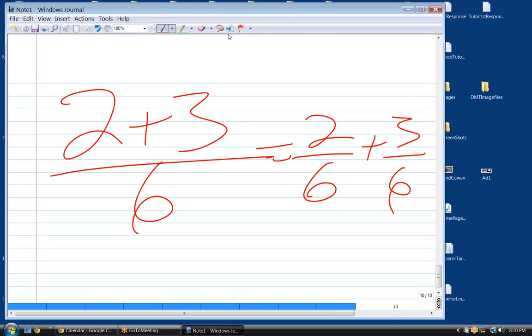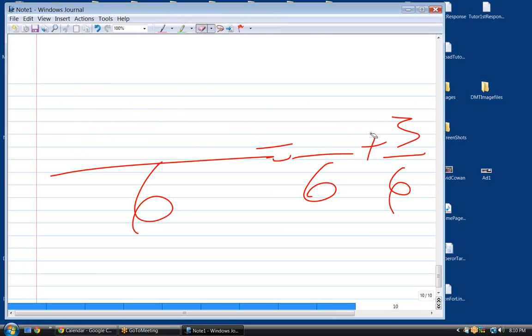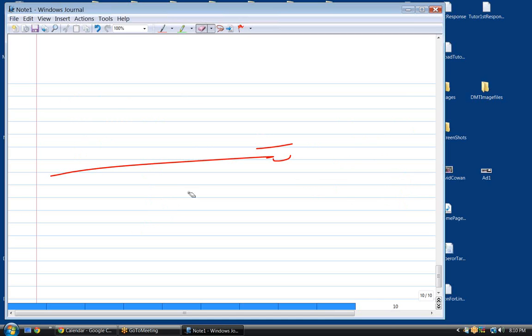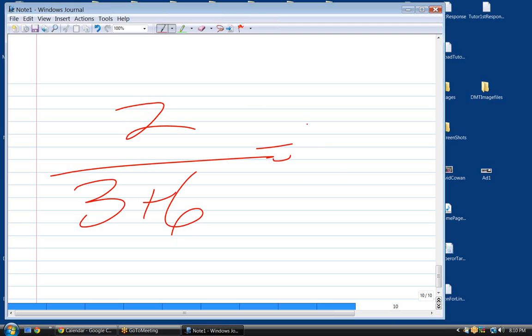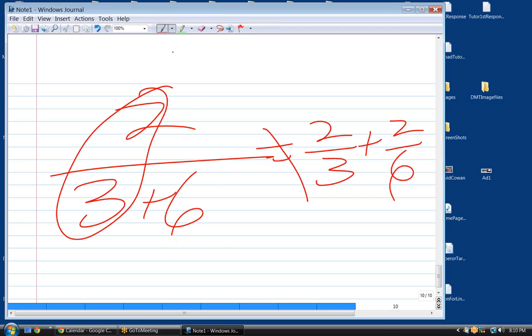It's worth noting, before we go past that, that this is not true. You cannot split it up like this. You can only split it up if your denominator is a single term.